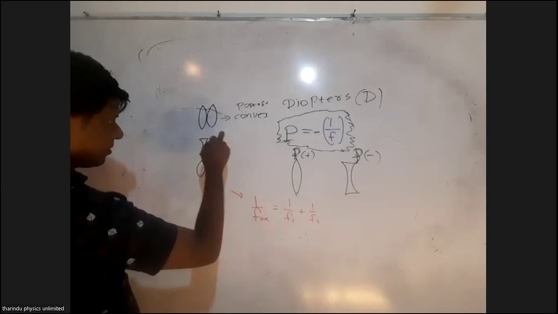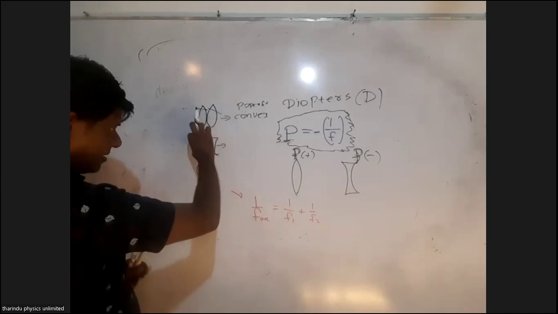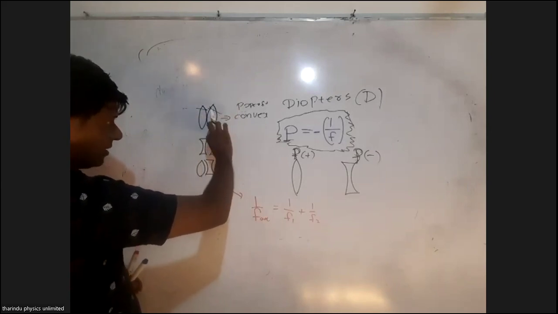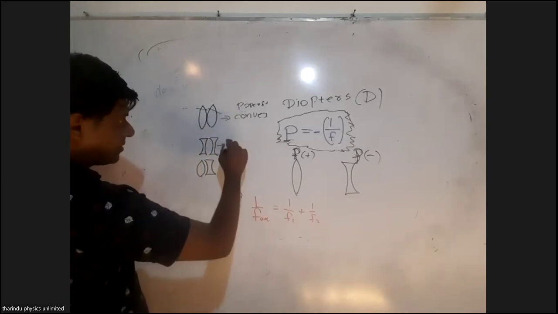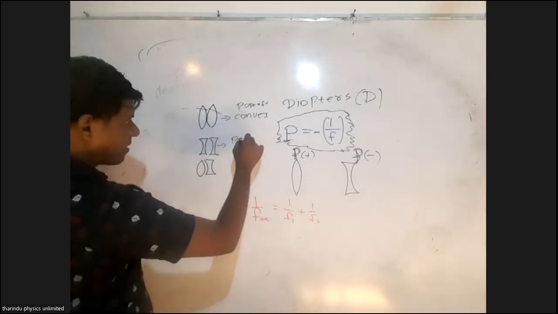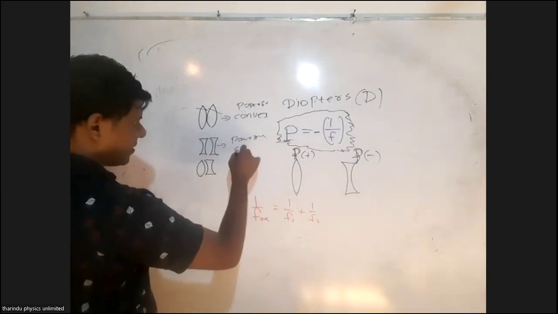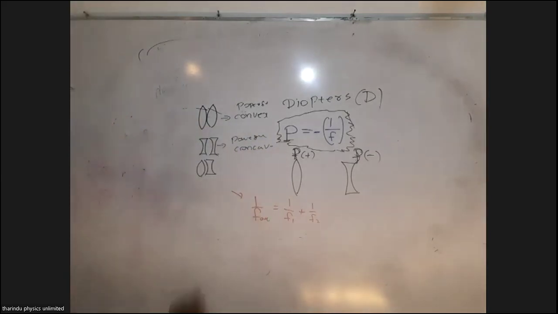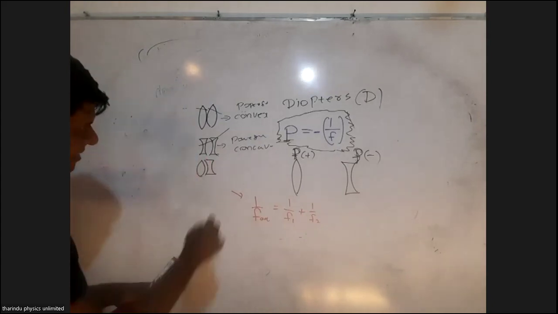If both are concave, this one bends away and this one also bends away. So a powerful concave; the concave ability increases. Bend away, again bend away. But this one.